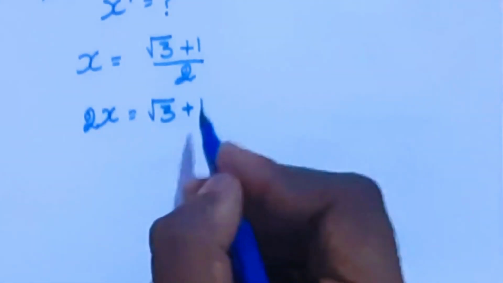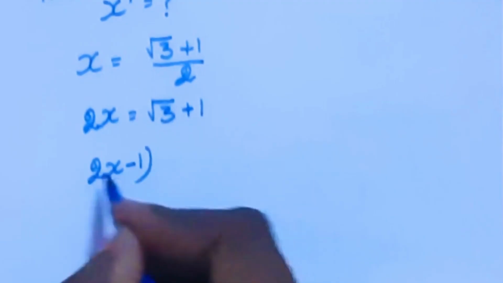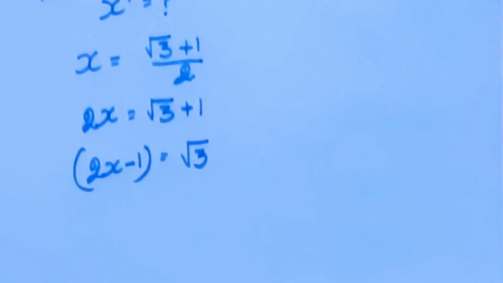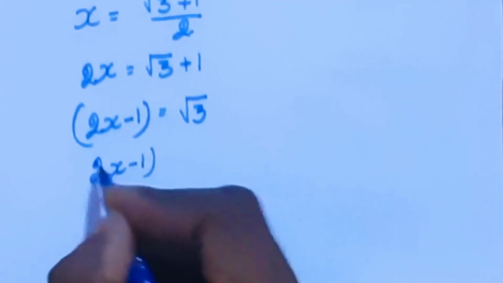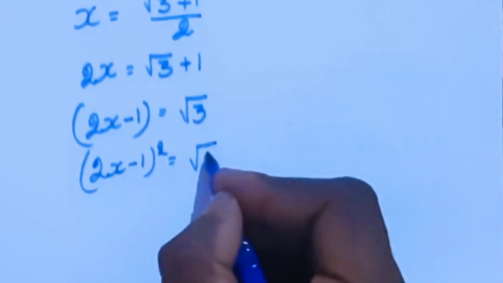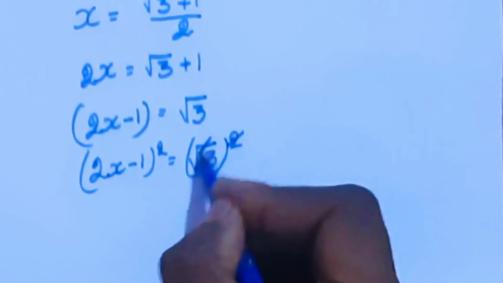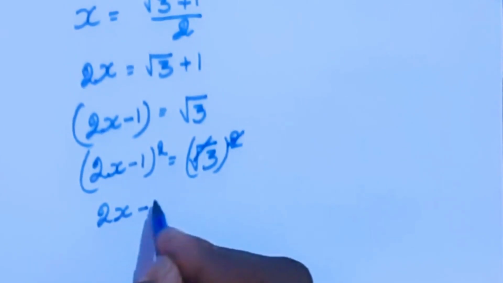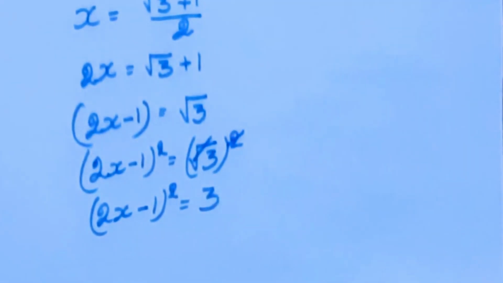Now moving this 1 to the left hand side, so 2x − 1 = √3. Now take a square on both sides, so (2x − 1)² = (√3)². Now this square and square root will cancel each other. Now we have (2x − 1)² = 3.